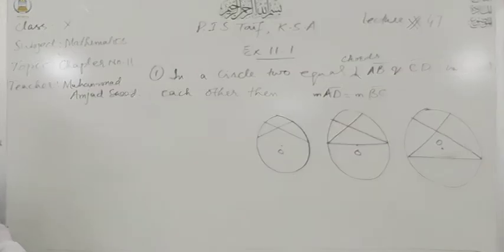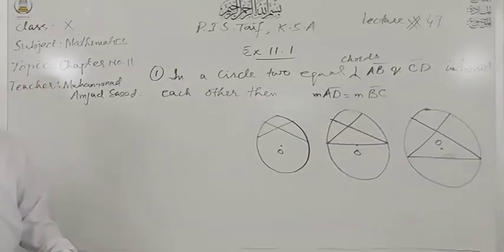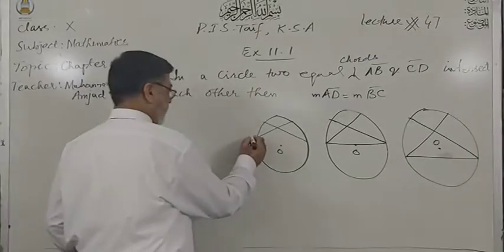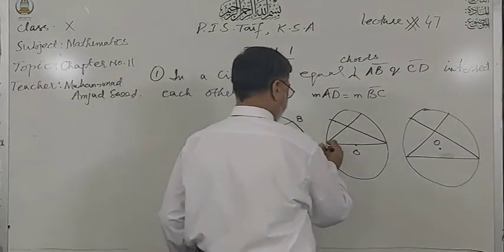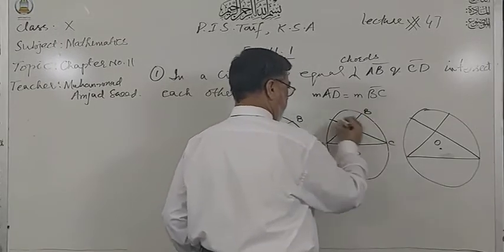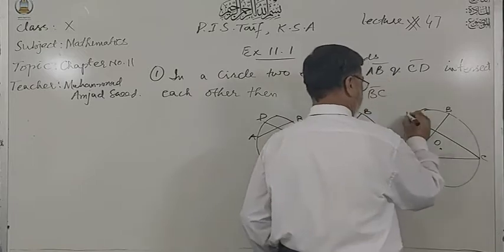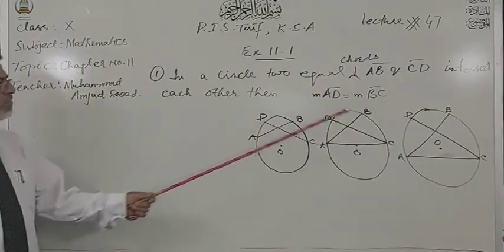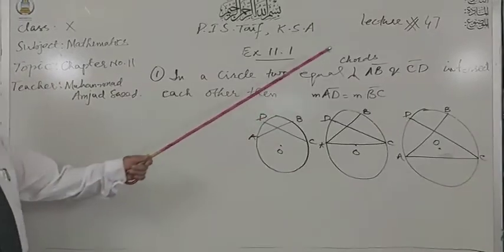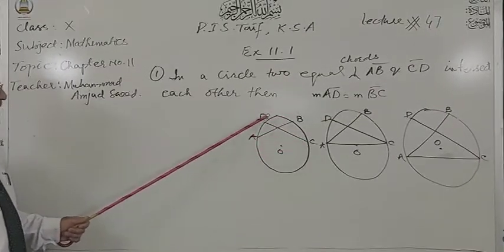In a circle, two equal chords AB and CD intersect each other. These are three possibilities for two equal chords AB and CD.